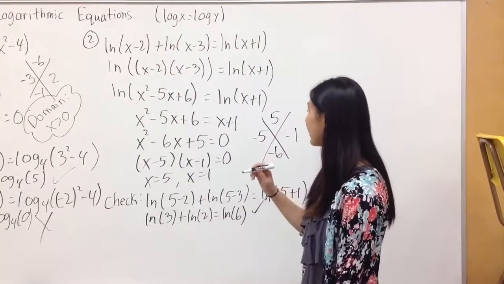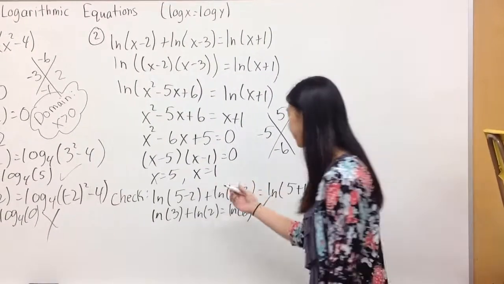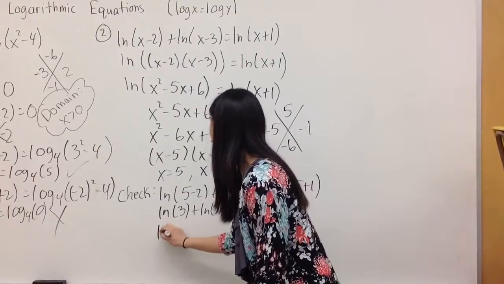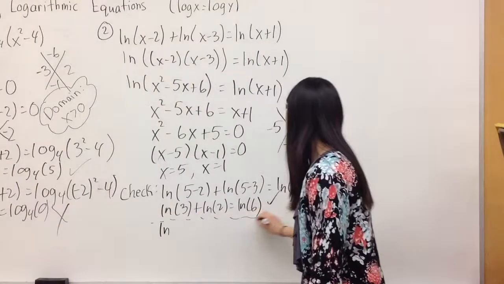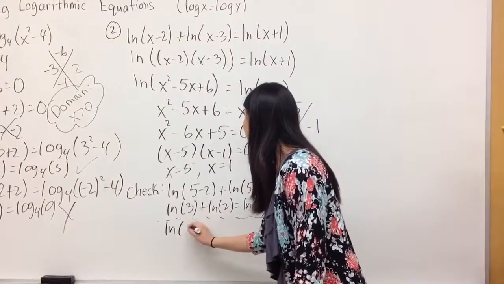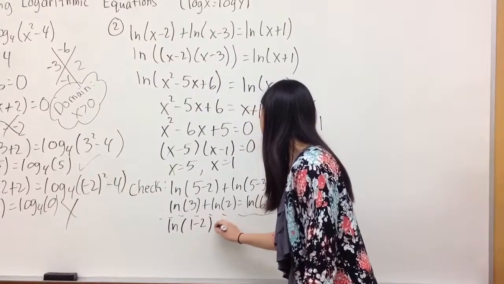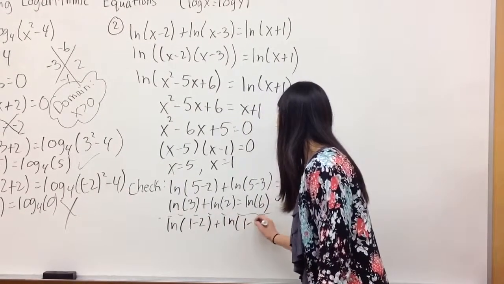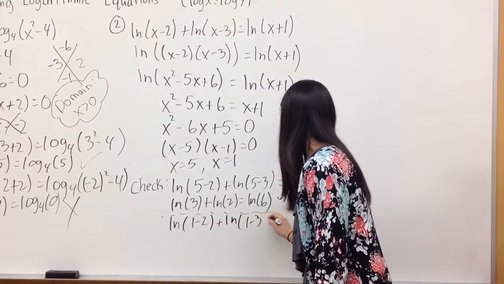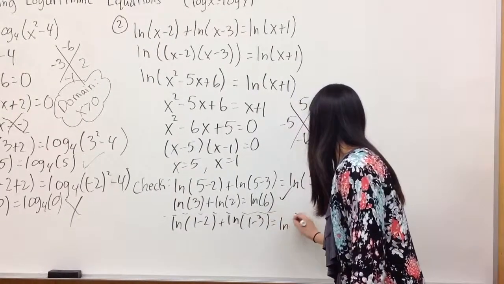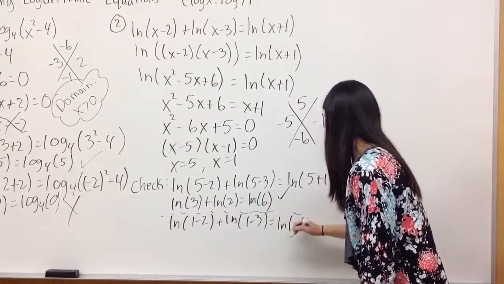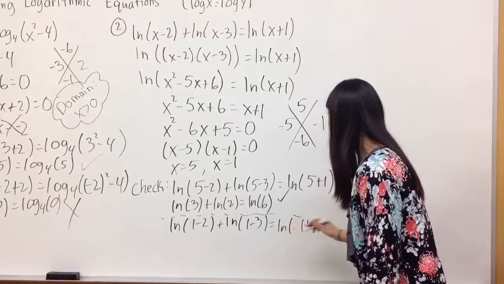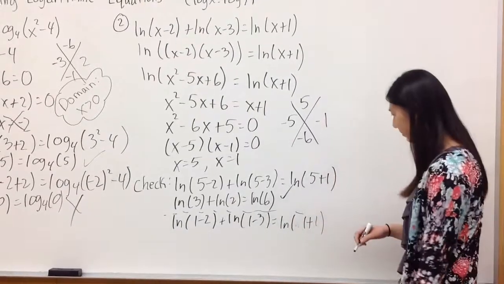We're going to check our last one now, which was 1. So we have ln of 1 minus 2 plus ln of 1 minus 3 is equal to ln of 1 plus 1.